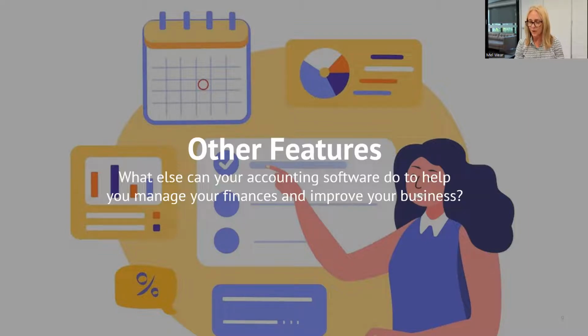You can also drill down into the details with interactive reports and measure specific KPIs. You can add tracking categories to see how different business areas or units are performing. You can also set up a budget and run reports to compare actuals versus budgeted amounts in the profit and loss as well. Now, budgets is an important one.